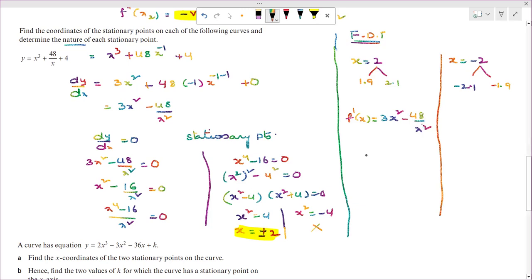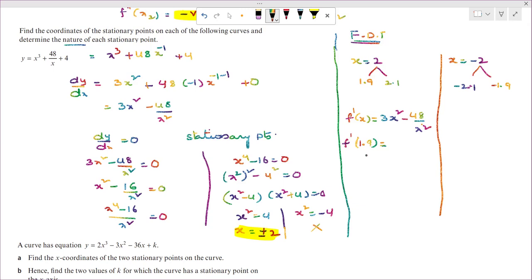Now f dash of 1.9 I am substituting. 1.9 if I substitute over here, 3 into 1.9 whole square minus 48 divided by 1.9 whole square.